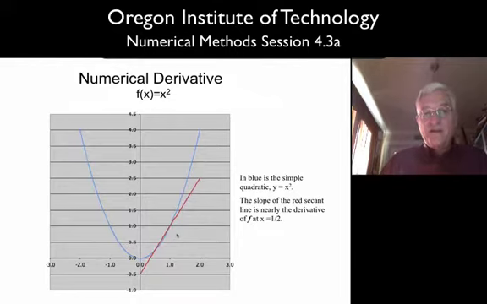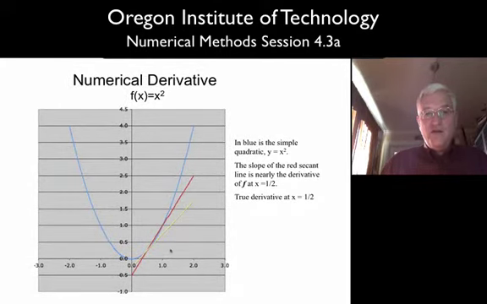Then f of x plus h minus f of x divided by h would be the slope of that red line. If I'd like to do a little bit better, I could take smaller spacings, and I could draw a yellow line that was tangent to the curve at 1/2.